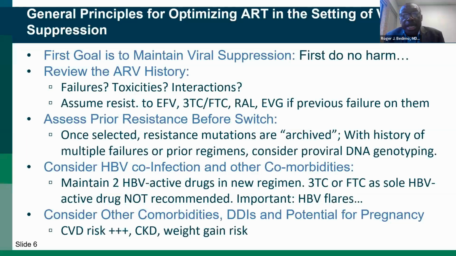Now, it is a possibility for people living with HIV to have another virus on board. In the US, it's mostly hepatitis C, chronic hepatitis C. And around the world, chronic hepatitis B is also a bigger issue.